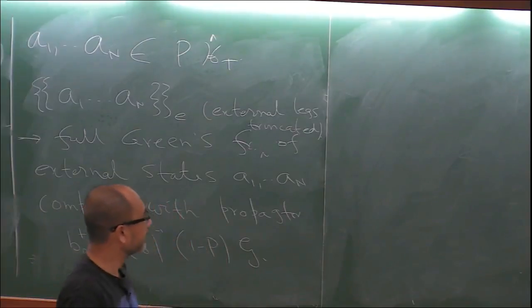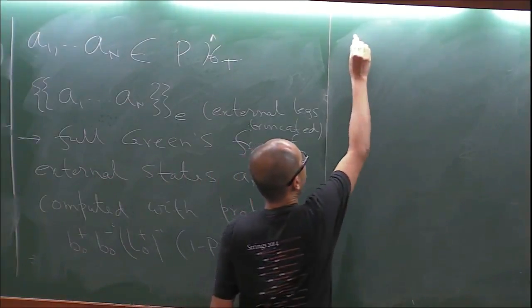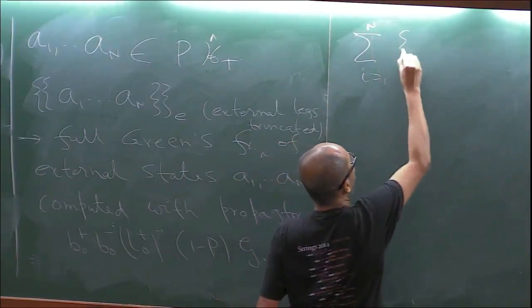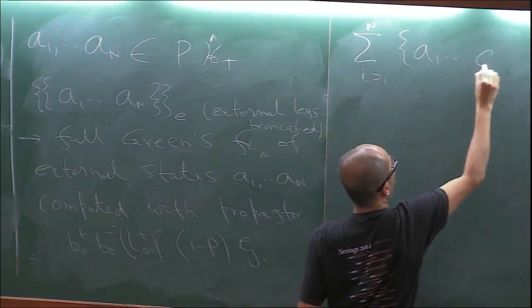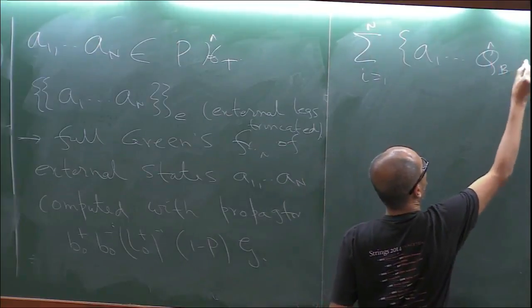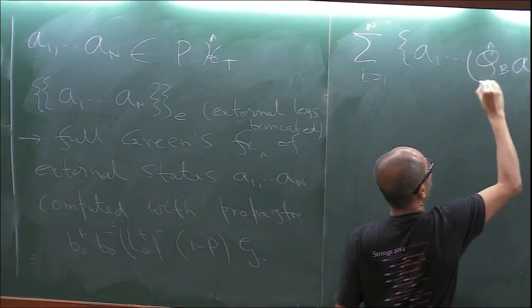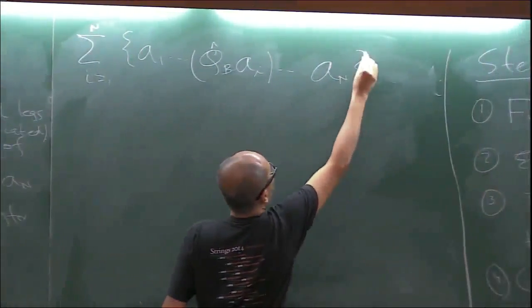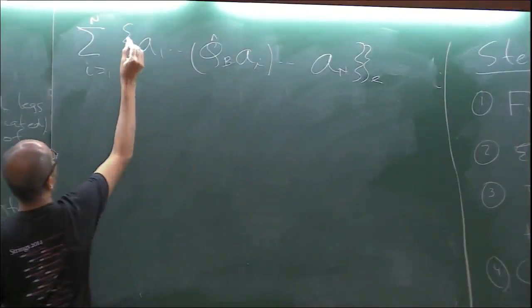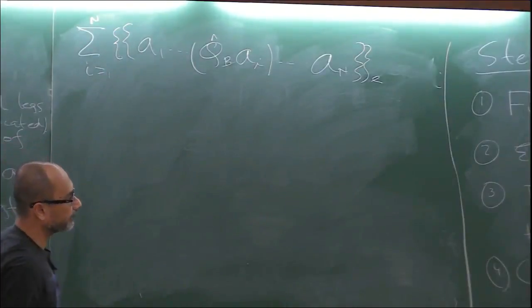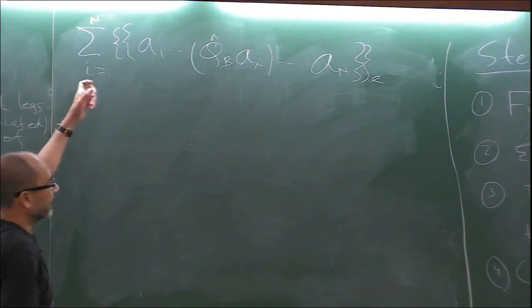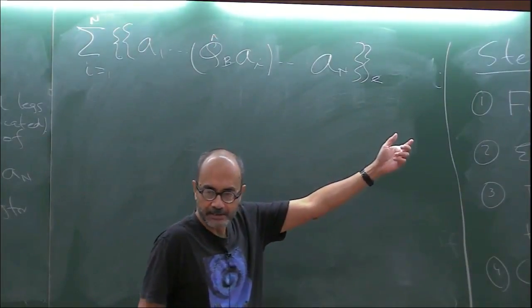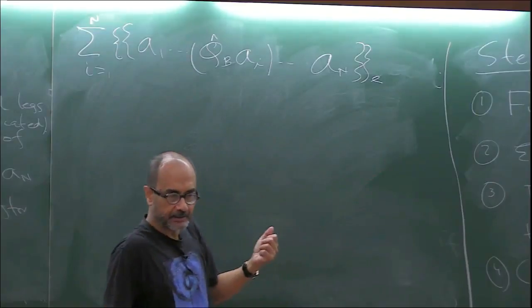Now let's ask what is this Ward identity. Instead of G, now we are using this amplitude, the same Green's functions, except that the propagators have this 1 minus P inserted.